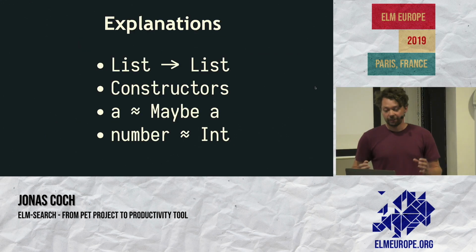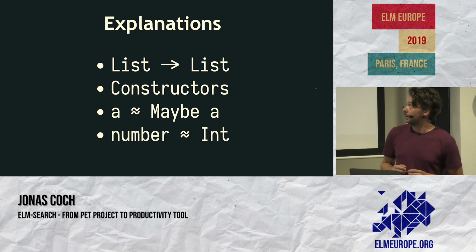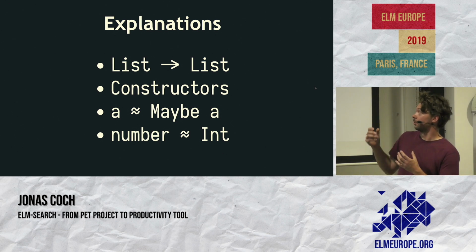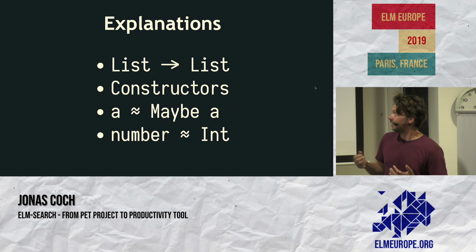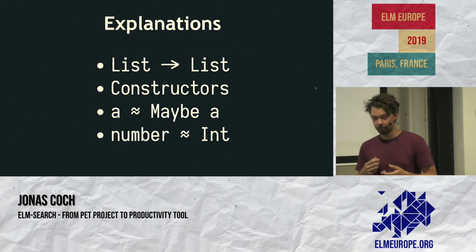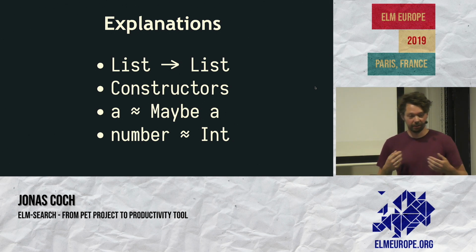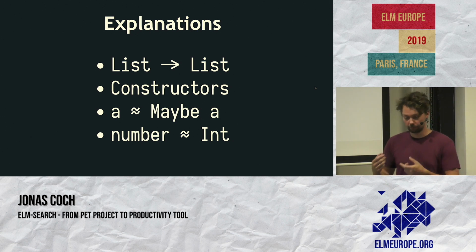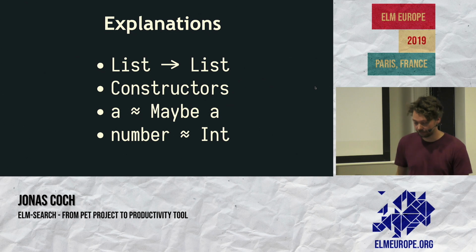So what other changes could I add to achieve the goals I had in mind? So to assist in learning when using the search, I'm going to add explanations. So when you, for example, search for a list to list, this probably does not return any results, but we could display a note instead, mentioning that lists are homogeneous and that you need to define the type it contains.